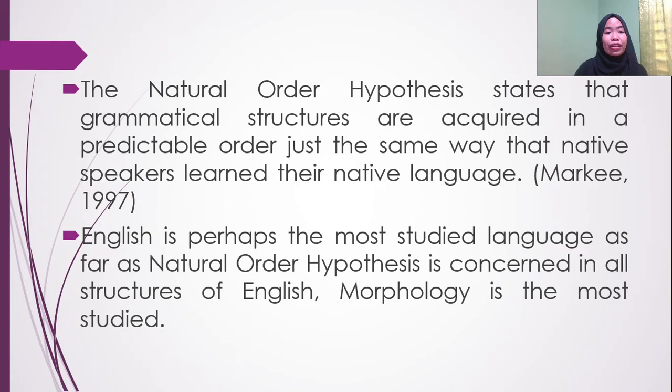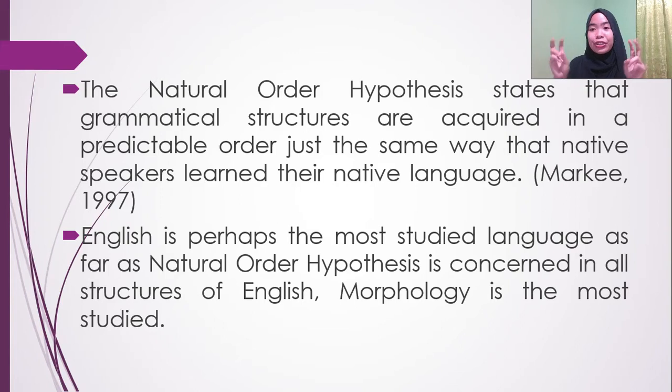The natural order hypothesis states that grammatical structures are acquired in a predictable order, just the same way that native speakers learned their native language or their first language. English is perhaps the most studied language as far as natural order is concerned, and all of the structures of English morphology are the most studied.